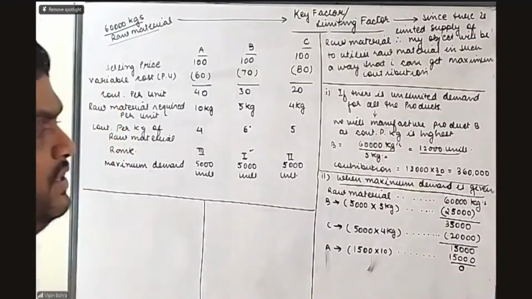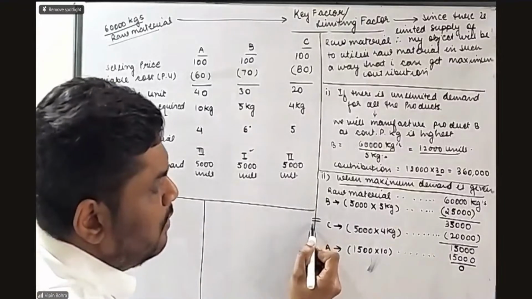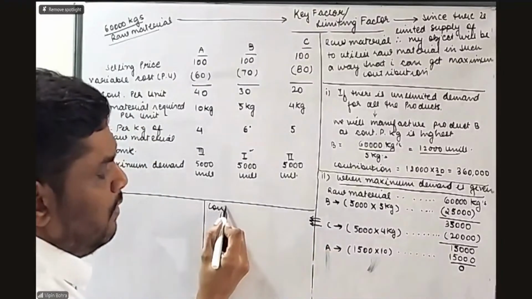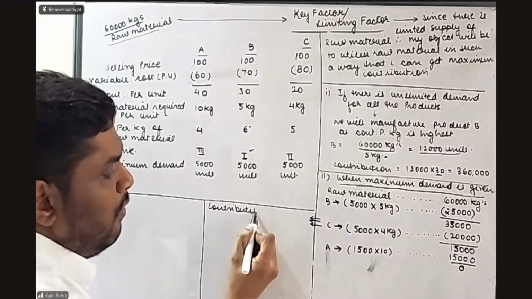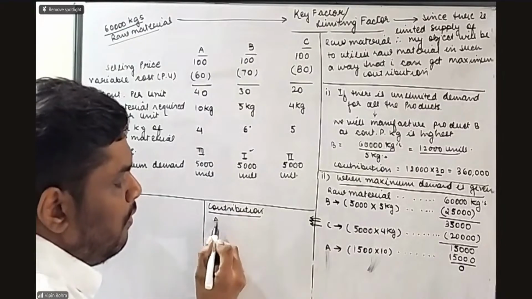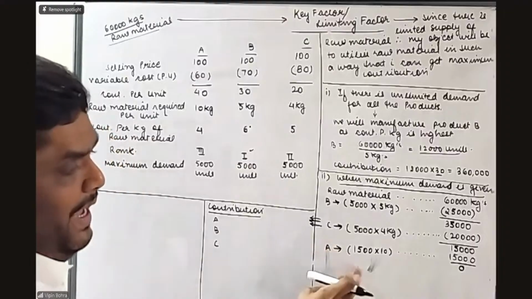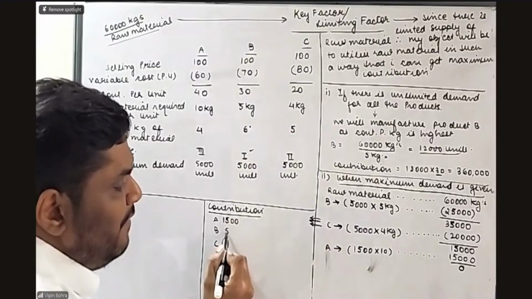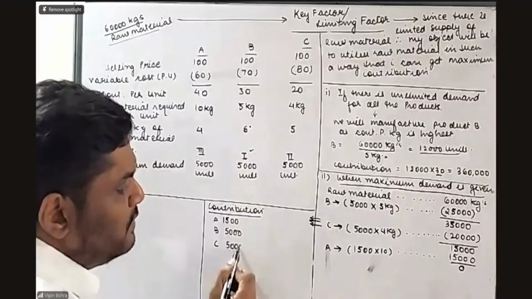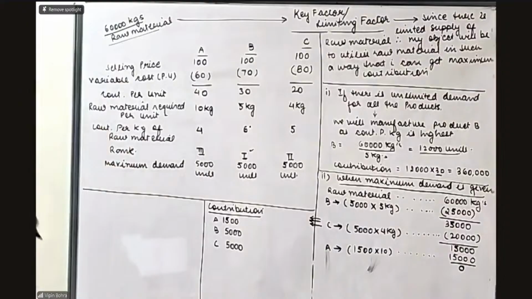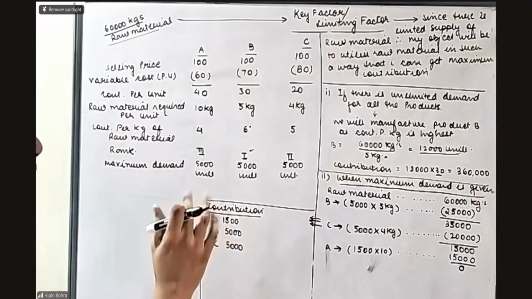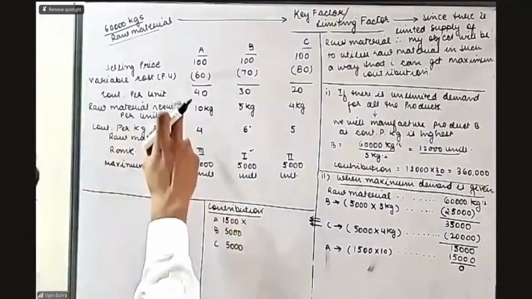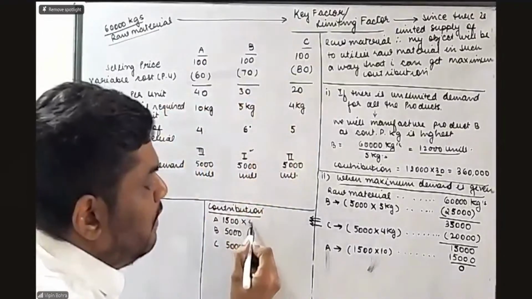So in short, if we want to calculate the contribution, solution is continued here. For A, how many units did we manufacture? 1,500. For B, 5,000. For C also 5,000. So contribution per unit is how much? 40, 30, and 20.